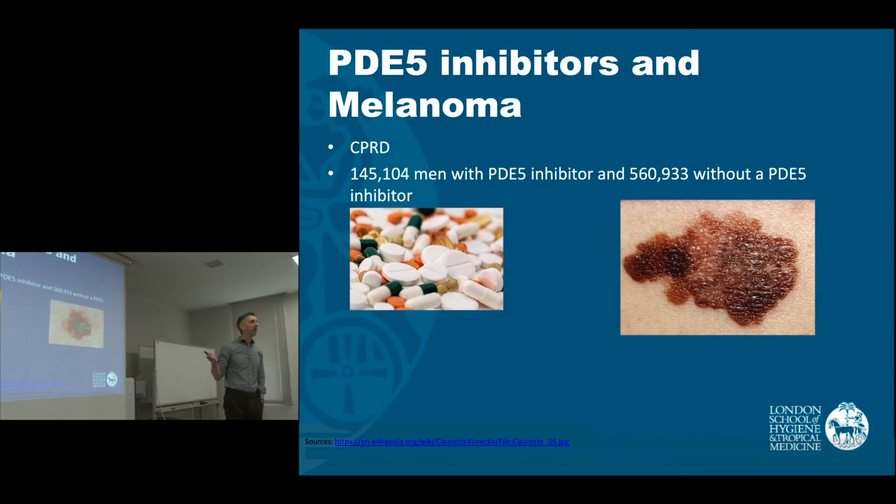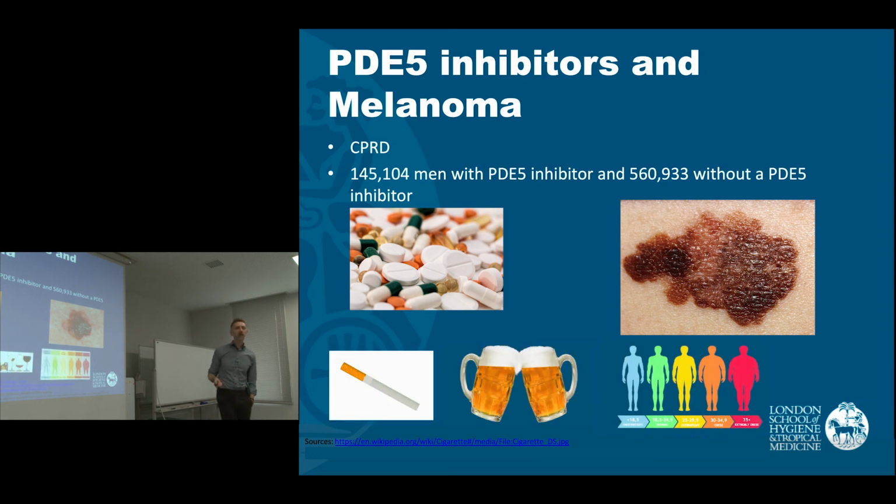So back to our research question. So we wanted to know whether or not PDE5 inhibitors cause malignant melanoma. So we had 145,000 men taking a PDE5 inhibitor and 560,000 without. Now, we want to know what's the causal association between these two. But the trouble is, we have to think about other things that may confound the association or may also explain any association between PDE5 inhibitors and melanoma.